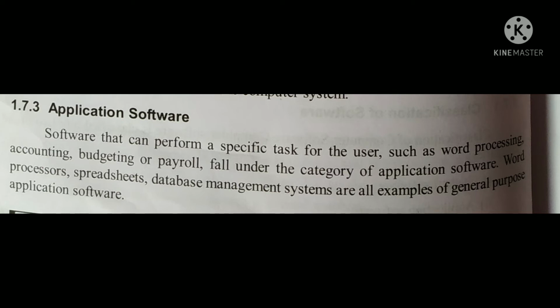The last one is the system utilities. System utility programs perform day-to-day tasks related to the maintenance of a computer system. They are needed to support, enhance, and secure existing programs and data in a computer system.